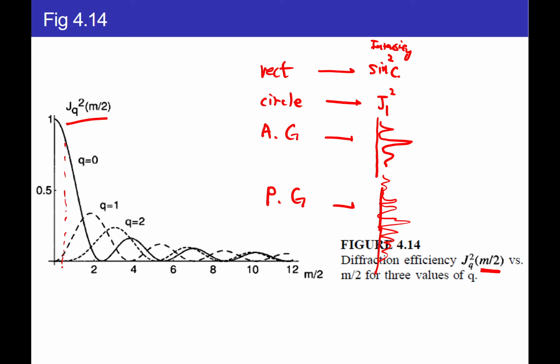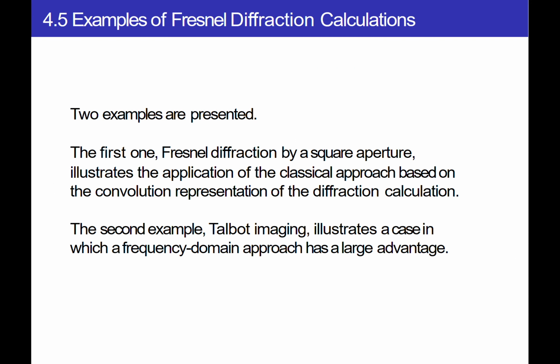Okay, so this is what we have for Fraunhofer. The Fraunhofer case is very simple: it's a Fourier transform. And in the next class, we are going to talk about Fresnel diffraction.